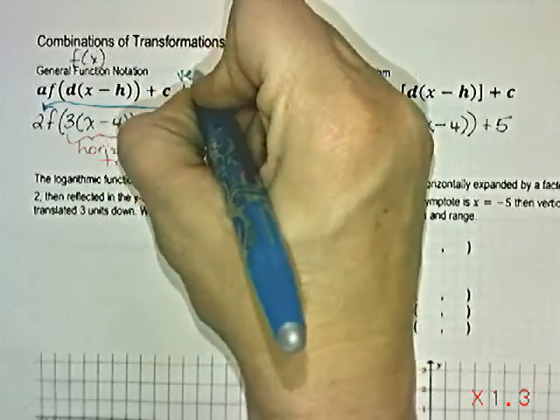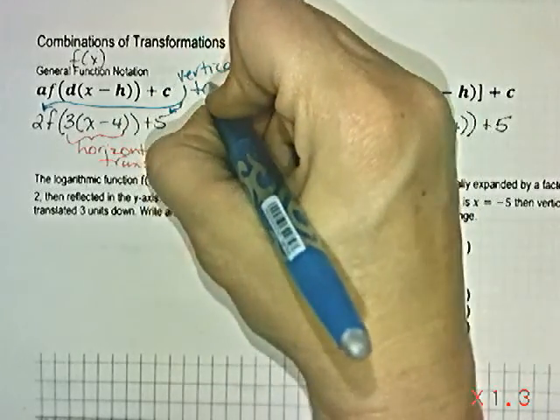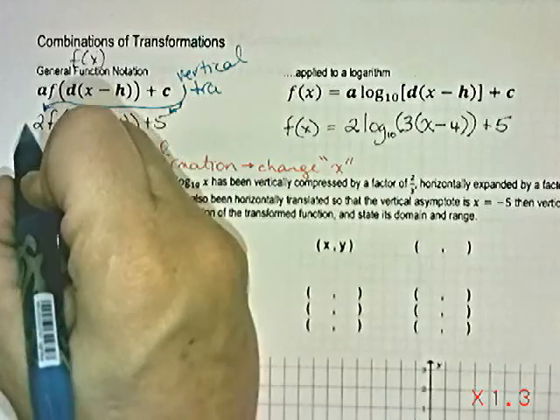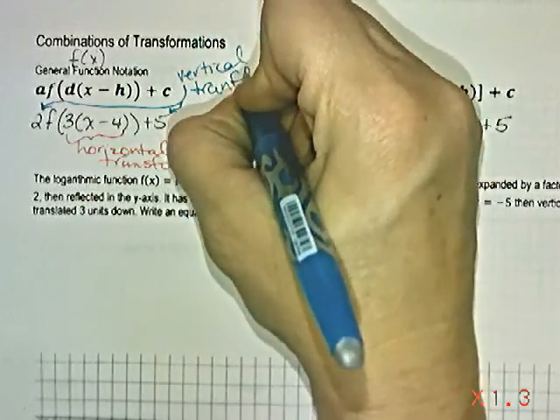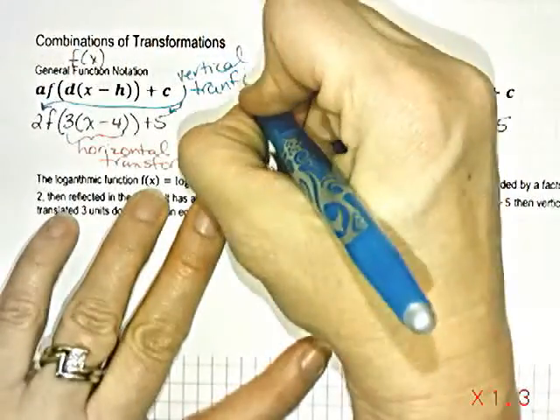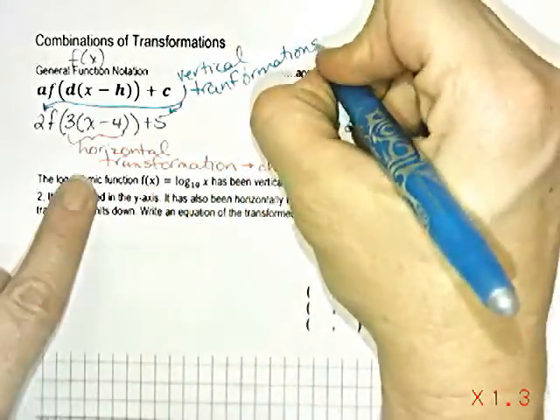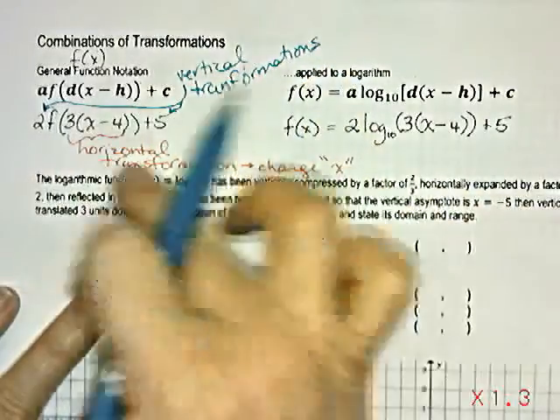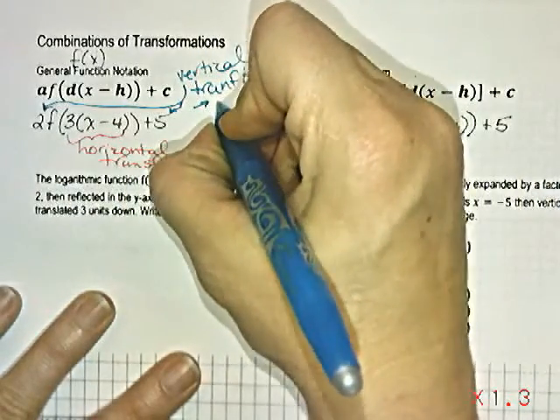These are vertical transformations, a vertical expansion by 2, a vertical shift up by 5. And opposite to our horizontal, our vertical transformations change the y coordinate.